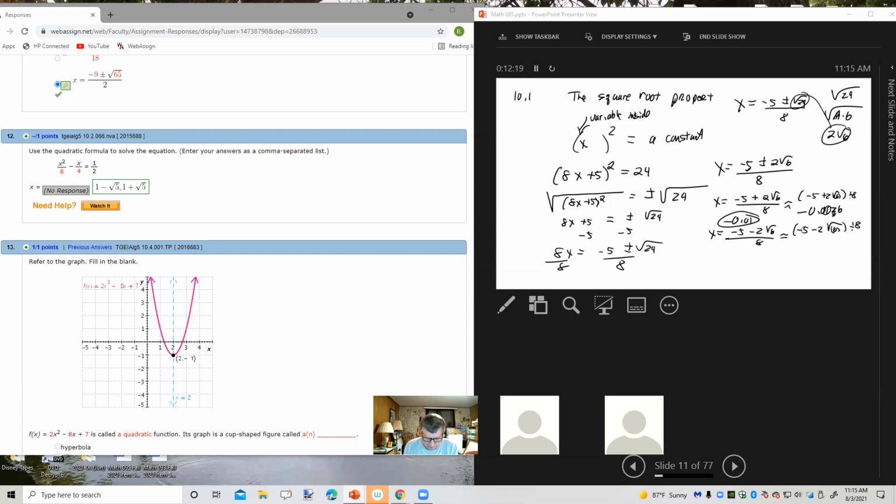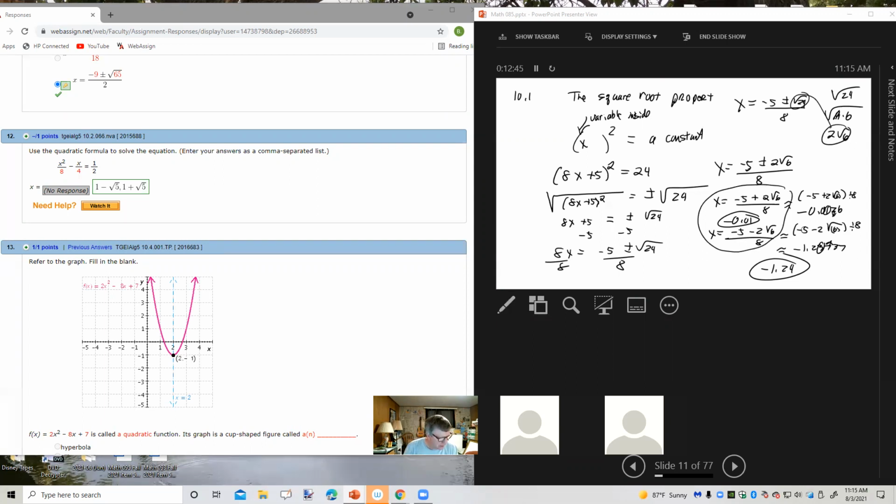So there's the first answer. And then the second answer, we get negative 1.23737, and the 7 would round up, so we're going to get negative 1.24. So we've got the exact answers and their decimal approximations.